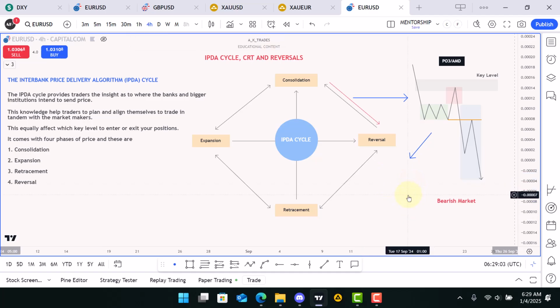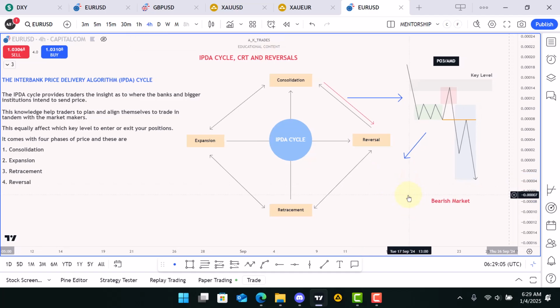So it is important to know each of the phases of the market. Now, when you have this concept of the IPDA cycle in mind, it will help you to escape such manipulations so that you trade at a safer side of the market.